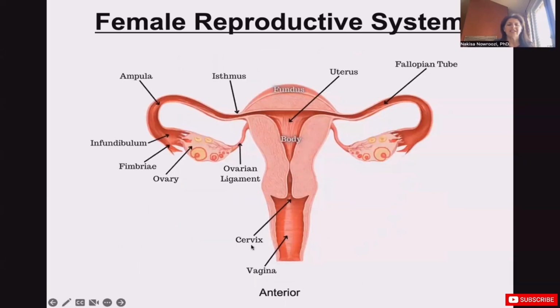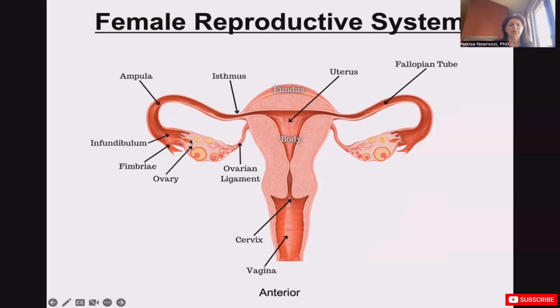Here we're looking at the anterior view of uterus and the ovaries and the fallopian tube, this tube. So the uterus, the bulgy structure is called fundus of uterus, and this area is called the body of the uterus. This is cervix, and this is vagina. You have the ovarian ligaments right here.